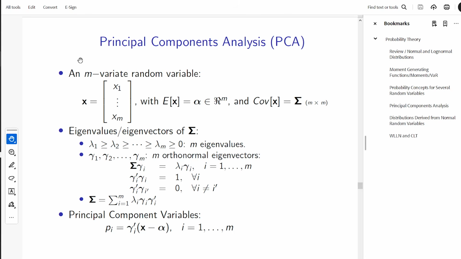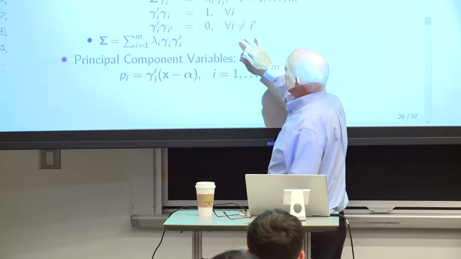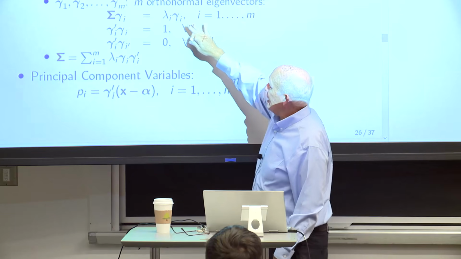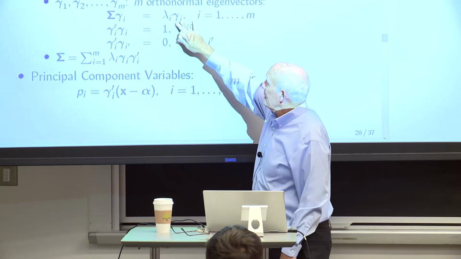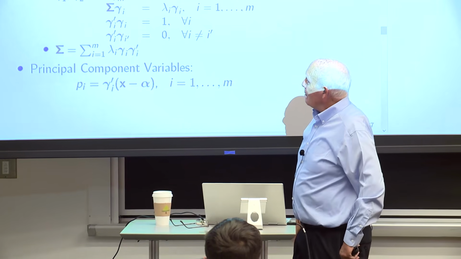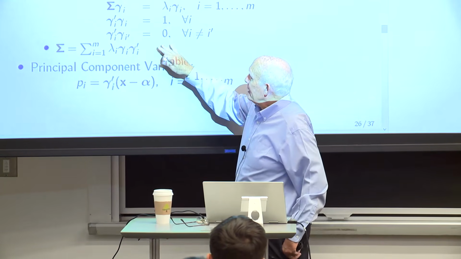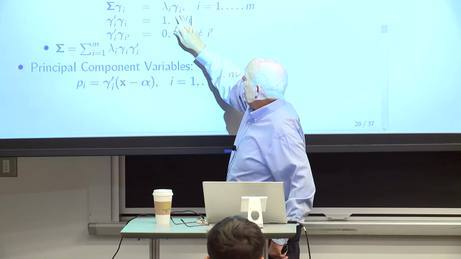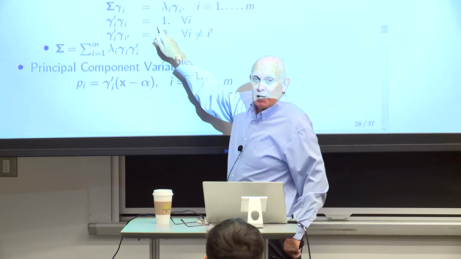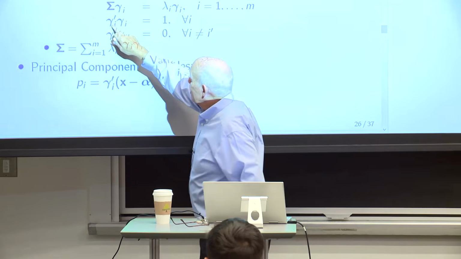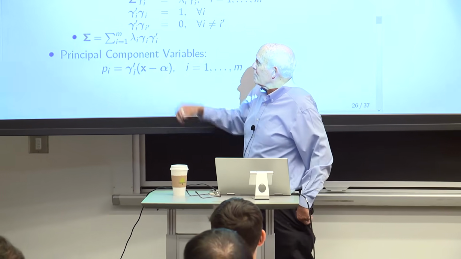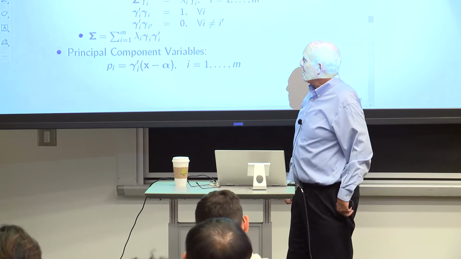And so with this framework where we have the covariance matrix sigma having eigenvalues lambda i and corresponding eigenvectors gamma i, we can normalize the eigenvectors gamma i to be of unit length. So gamma i transpose gamma i is equal to 1. And we can also define the gammas to be orthogonal to each other.